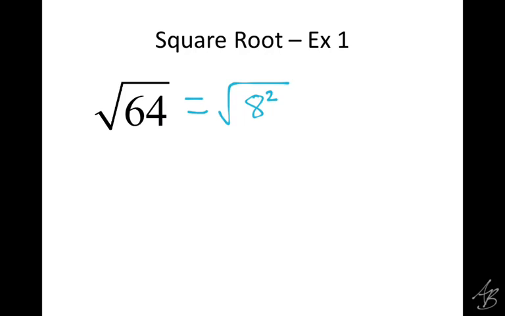But now that we have it written like that, we have a square in there. Okay, so our goal when we're evaluating a square root is to first get a square inside the square root. Now this square root right here, just by definition, tells us what the answer is. What number do we square to get that? 8. So then our answer is going to be 8.